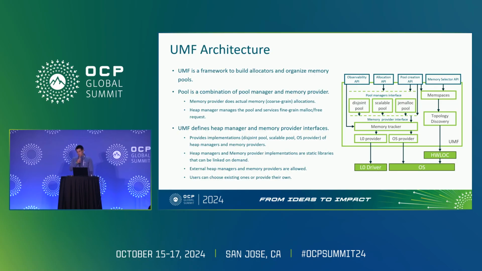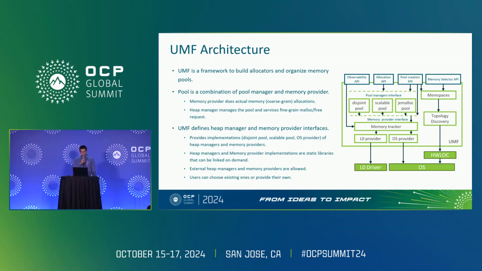Or it can be other provider that manages GPU memory. The heap manager itself is basically a collection of algorithms and data structures that tell how to actually split these huge allocations, these coarse-grained allocations, into smaller pieces, and then how much of that memory to retain. So basically its job is to manage that memory pool and service those fine-grained allocations to the user.